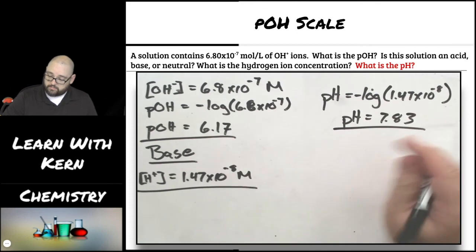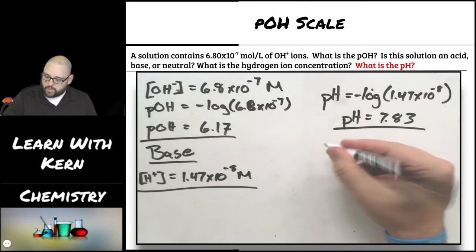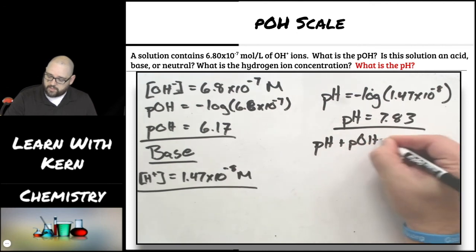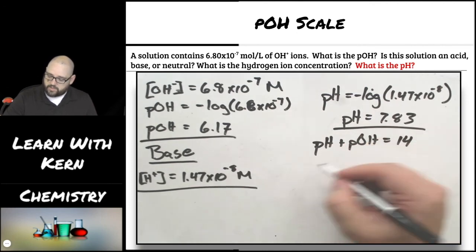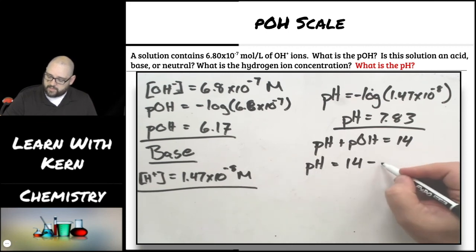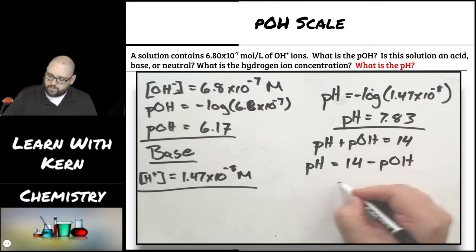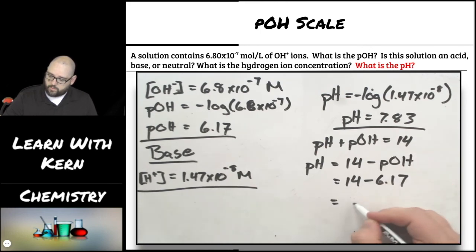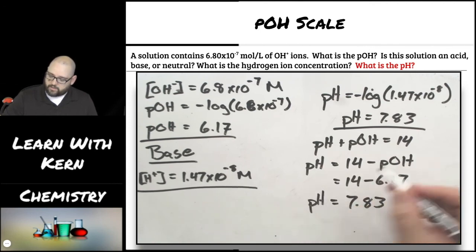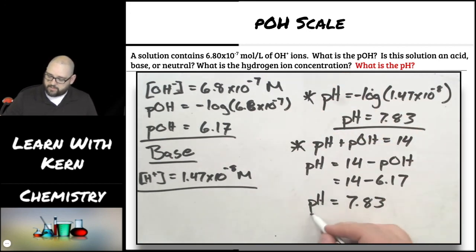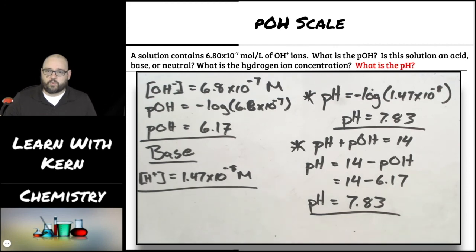Or then again, we have pH plus pOH equals 14. So that means my pH is going to be 14 minus my pOH, which would be 14 minus 6.17, which comes out to be 7.83. So regardless of which of these 2 methods I use, I get the same answer of 7.83 for my pH.